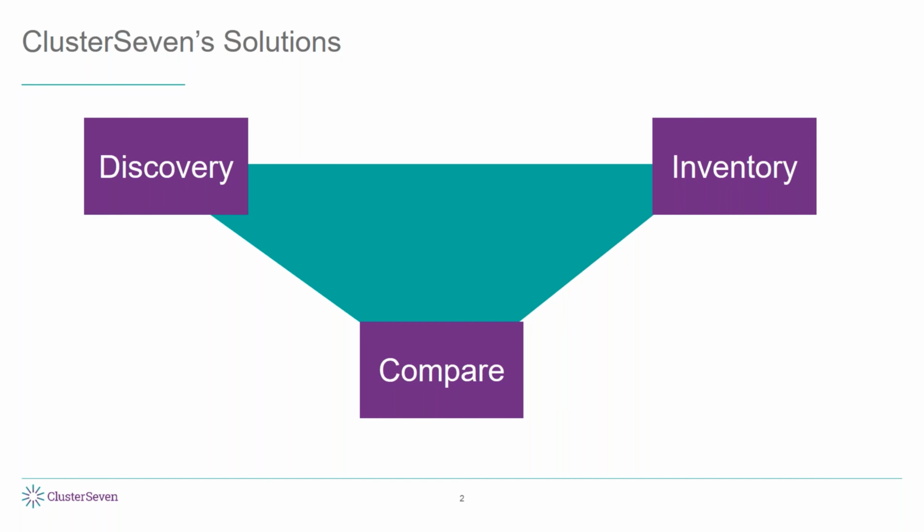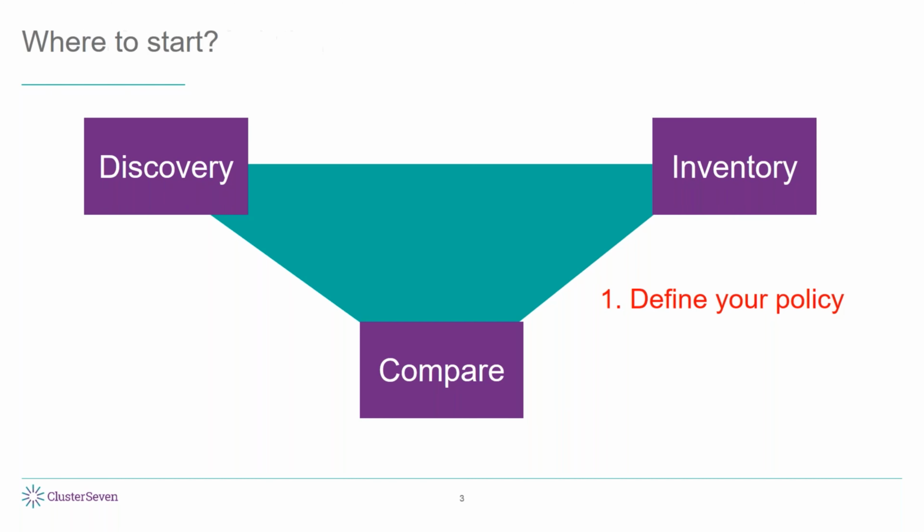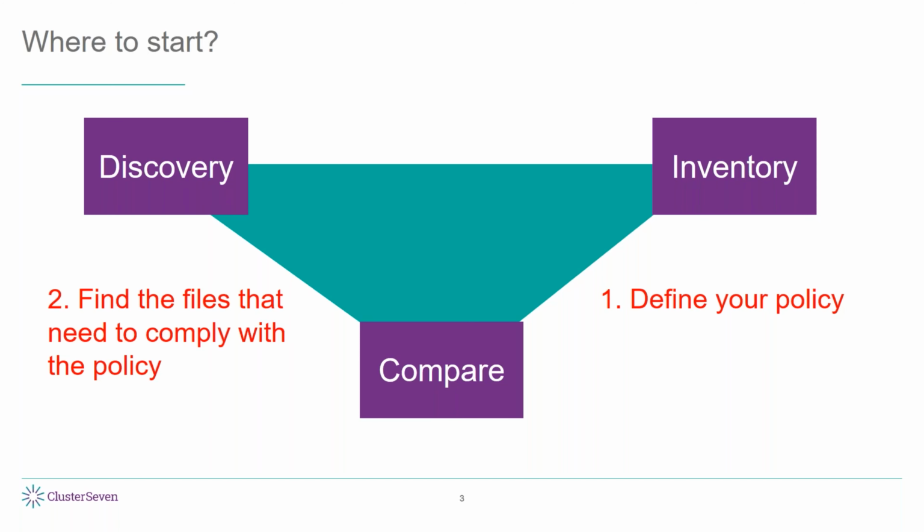What our clients show us is that they would normally find the inventory first, and what that means is they would normally start with a policy or a procedure or a process that they want to govern, and then actually discover the files that they want to comply with that process.